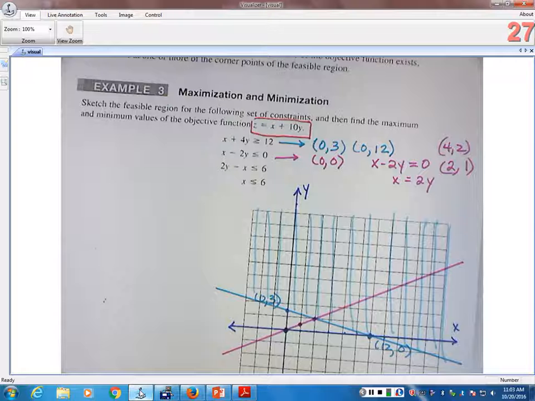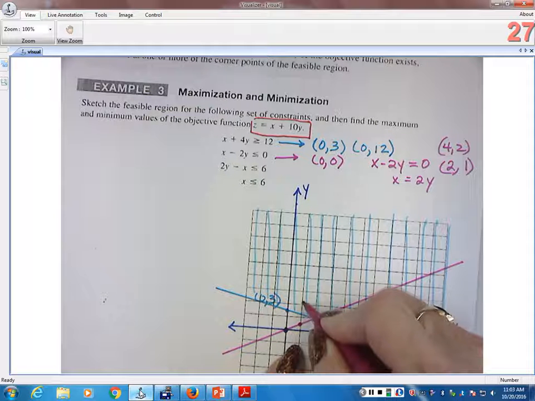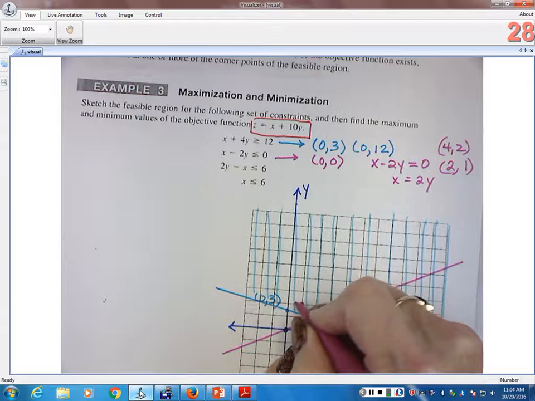And again, what happens, can't choose 0, 0 for a test point. So rather than choosing 0, 0, I'm going to choose, let's say, 2, 4. That's going to be my test point.